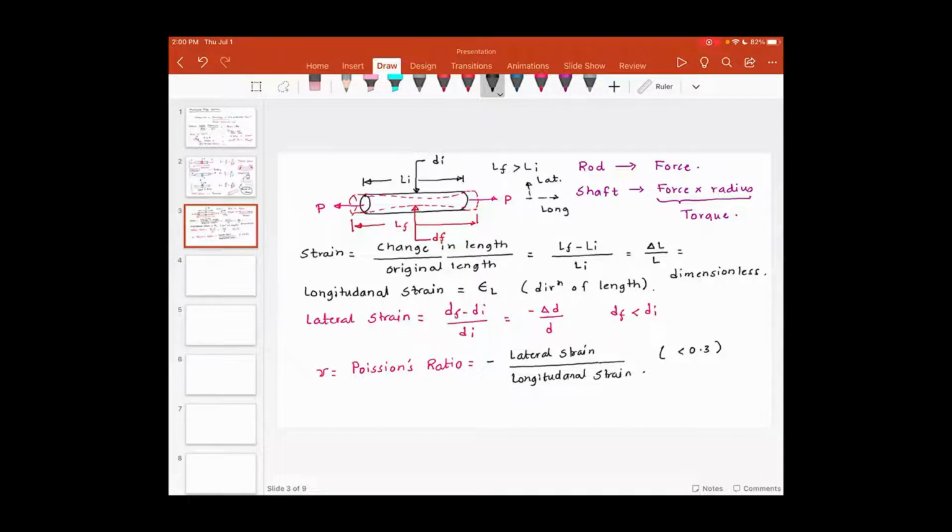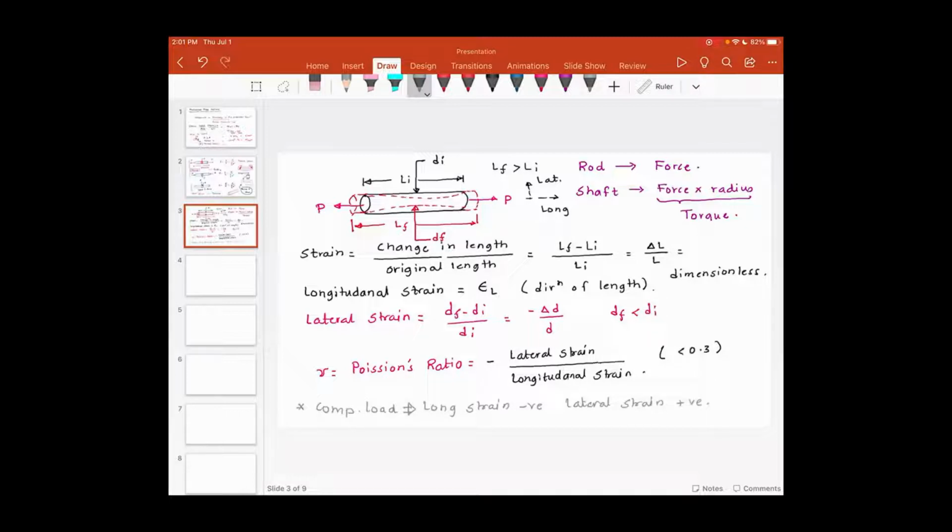Now, it is interesting to observe, if you were to convert this tensile load into a compressive load, and I want you to think about this just for a second, in the case of compressive load, the longitudinal strain would be negative, but the lateral strain will be positive.